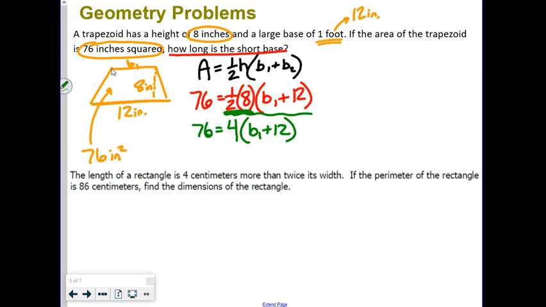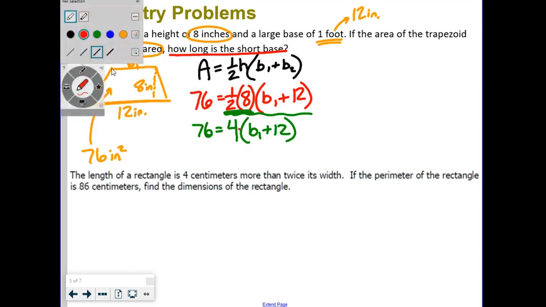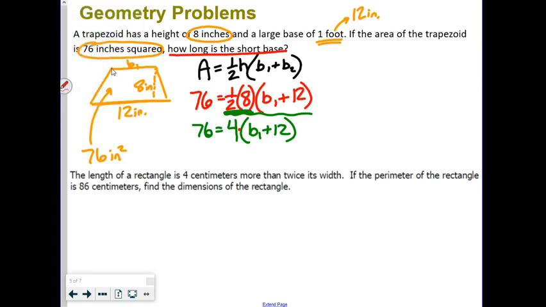And now we have options, because this could be a distributing where we distribute the 4 into the problem and go from there. Or since we recognize that this is multiplication, we can divide by 4. And that's something we're allowed to do here as well. A mistake that you could do here is subtracting 12.